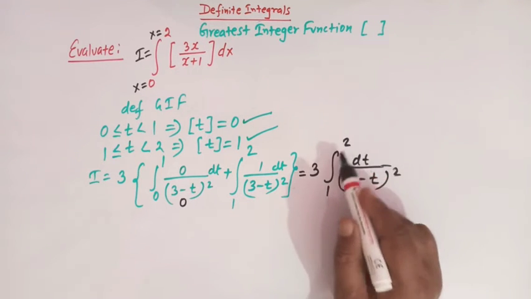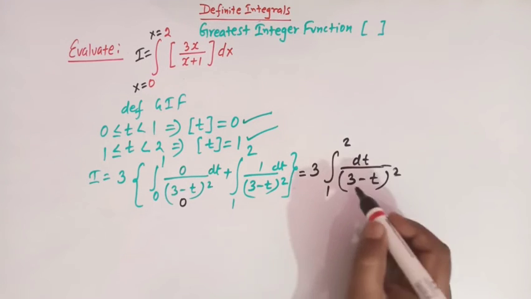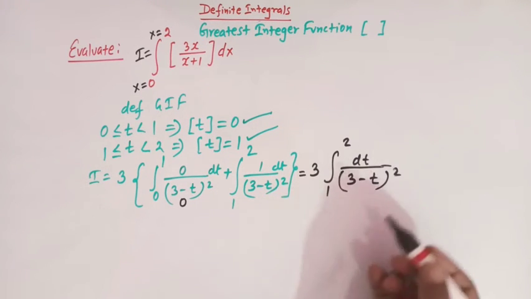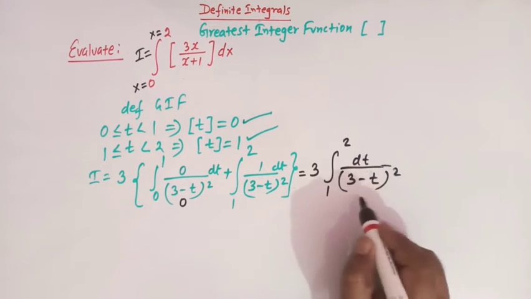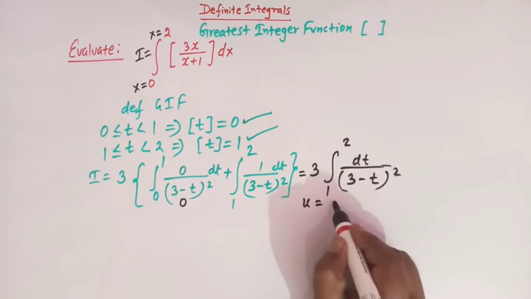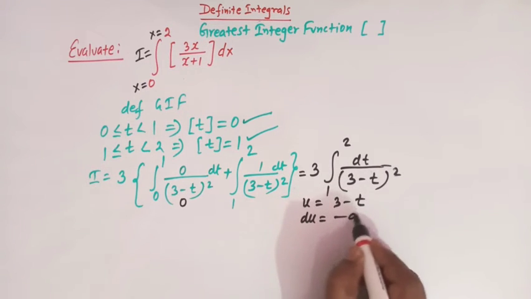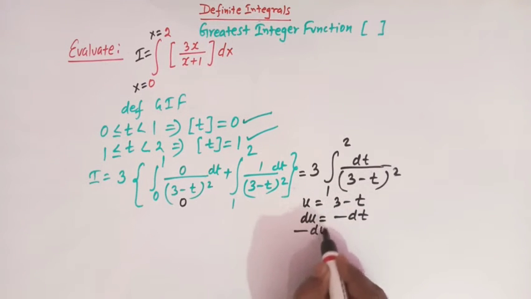Okay, so now we have to find out the value of this integral, right? For this we'll again make use of the method of substitution. We can take u is equal to 3 minus t, so du is equal to minus dt, that is, minus du is equal to dt.